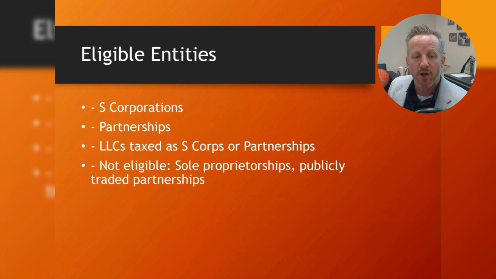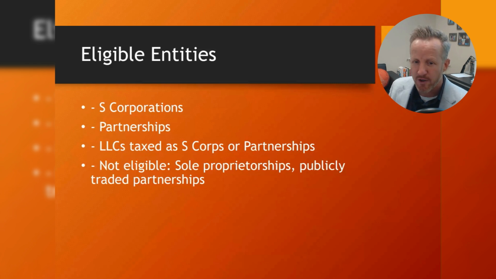But flow-through entities like S corporations and partnerships do not pay taxes as a business. They just send it out on that K-1. So that's really important here, and it's only flow-through entities that are eligible. So who's not eligible? C corporations, we answered that. Big publicly traded partnerships, not relevant here.